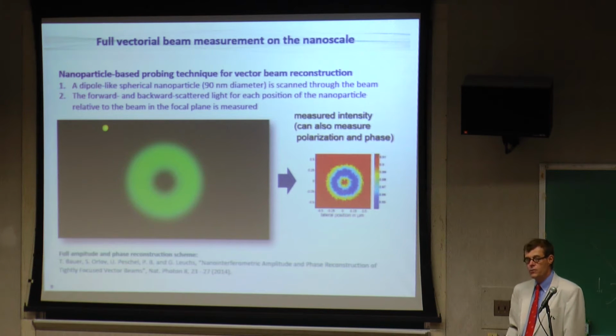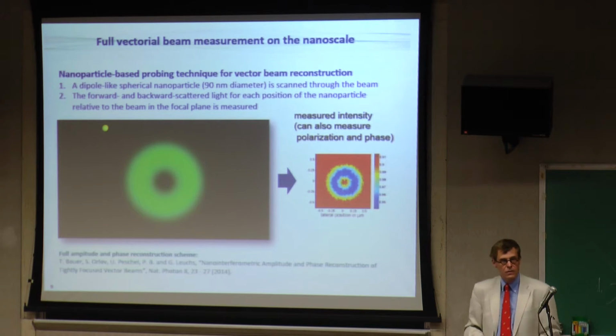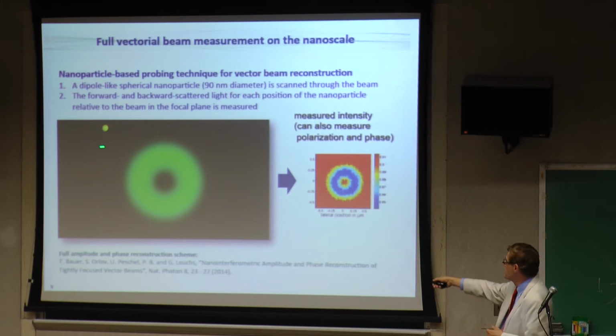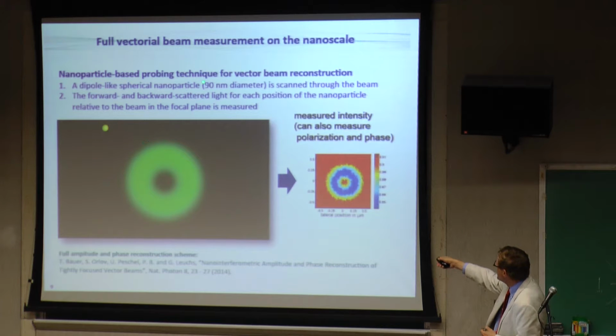Now, how did we actually do the measurement? The claim is that the polarization forms a Möbius structure. So here's how we do it. For this example, this is just any donut-shaped beam of light. We take a nanoparticle, 90 nanometer diameter nanoparticle.